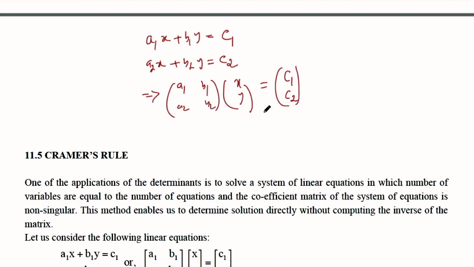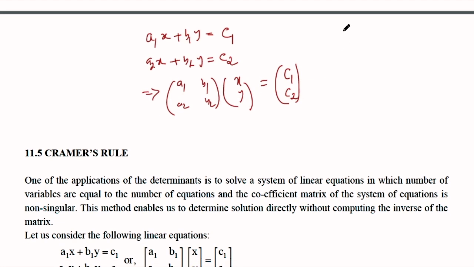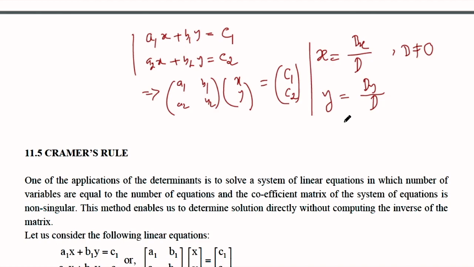So let me first define Cramer's rule. Cramer's rule indicates that the solution of this system will be what? x equals Dx divided by D, and here D must be non-zero, and y equals Dy by D. So this is Cramer's rule, where D is what?